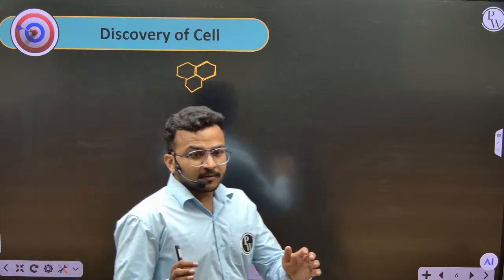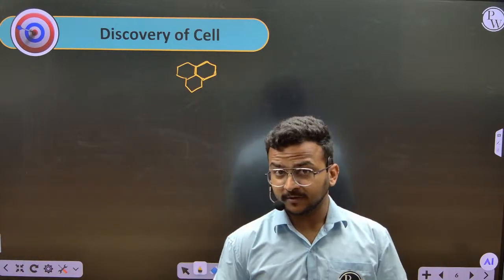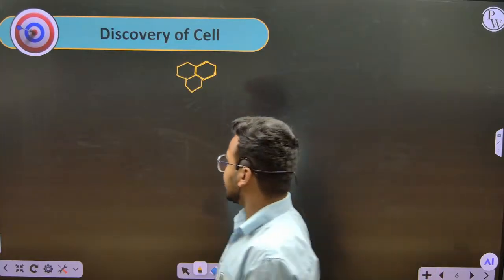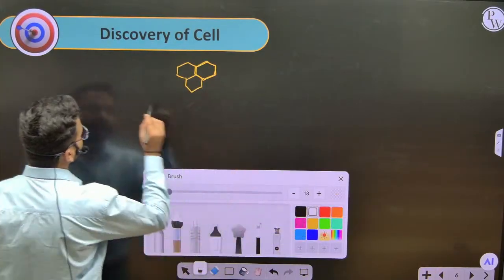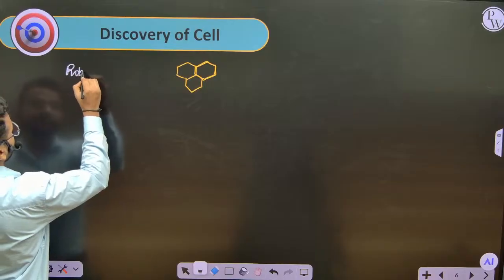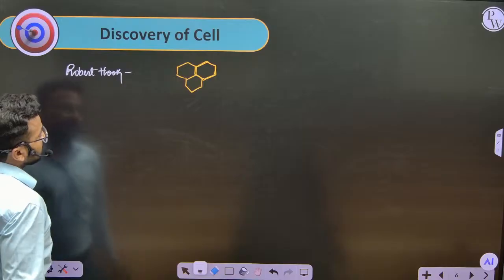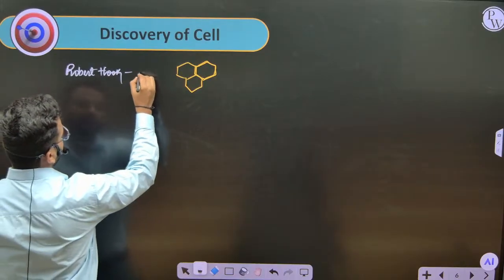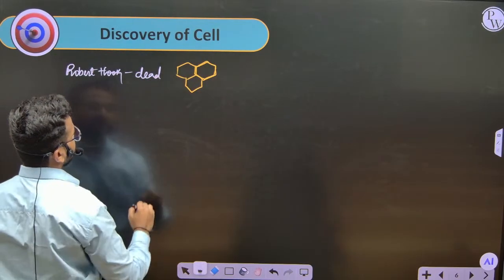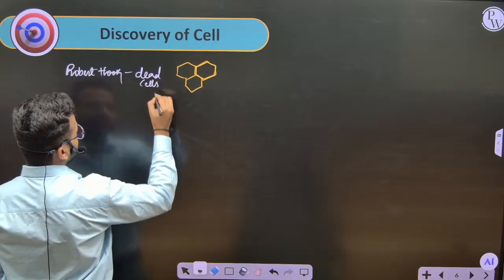And the scientist who discovered the cell is Robert Hooke. Robert Hooke is the scientist who discovered the cell, but it was dead cells.